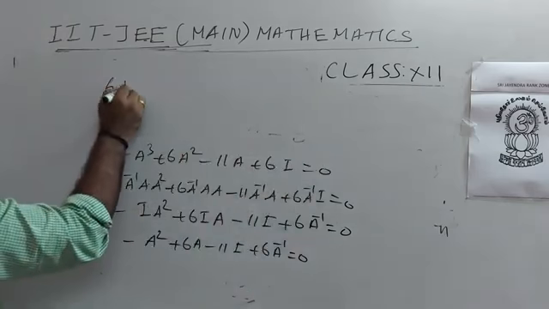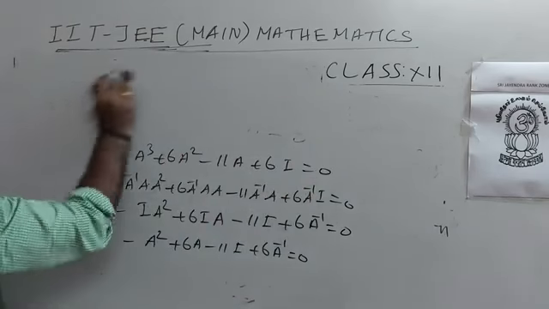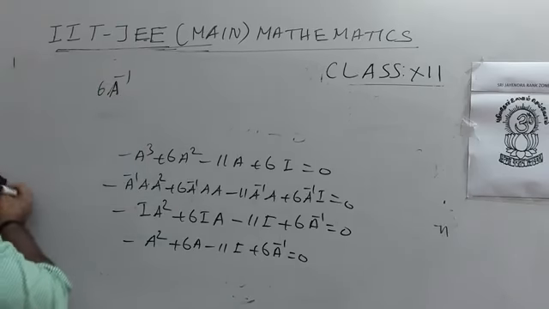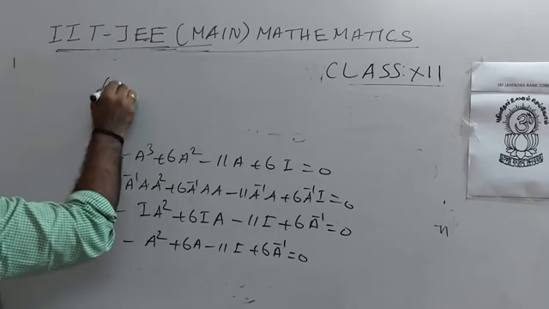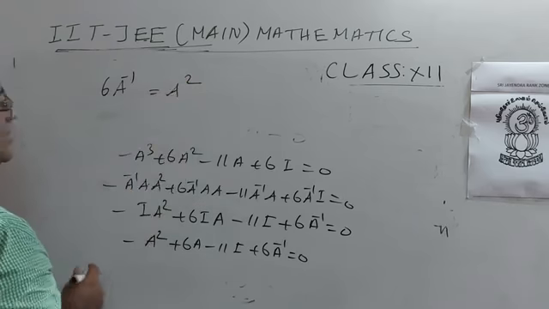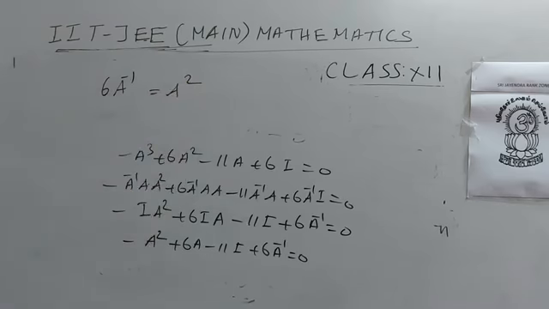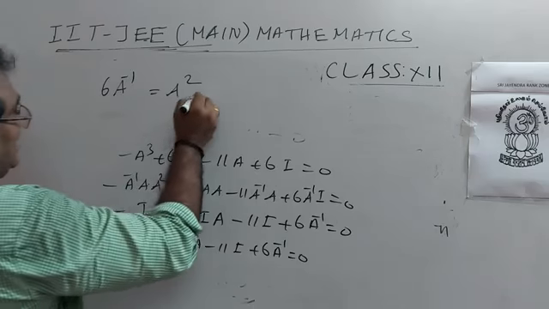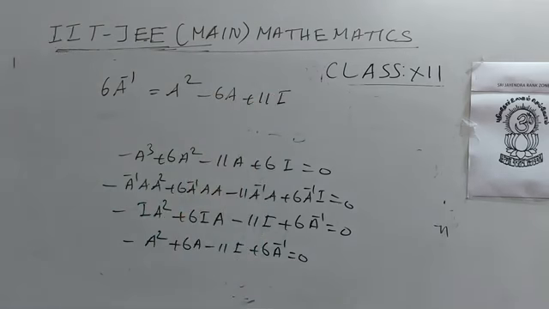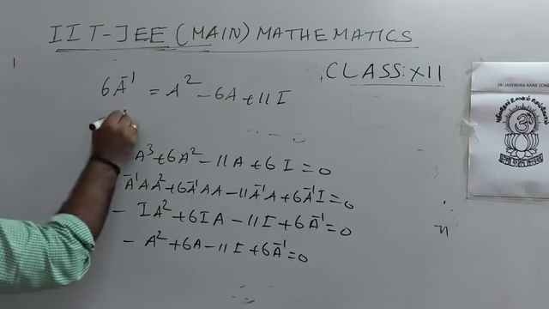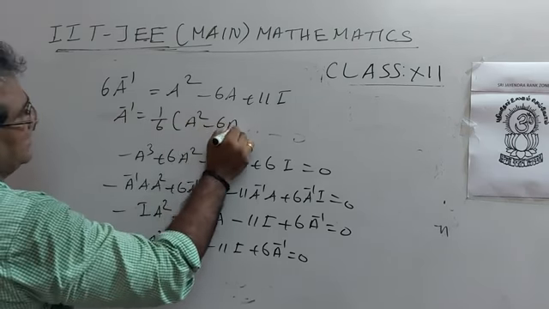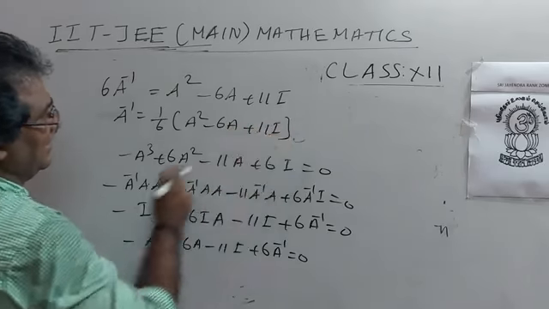So 6 A inverse equals A squared minus 6A plus 11I. A inverse equals 1 by 6 (A squared minus 6A plus 11I).